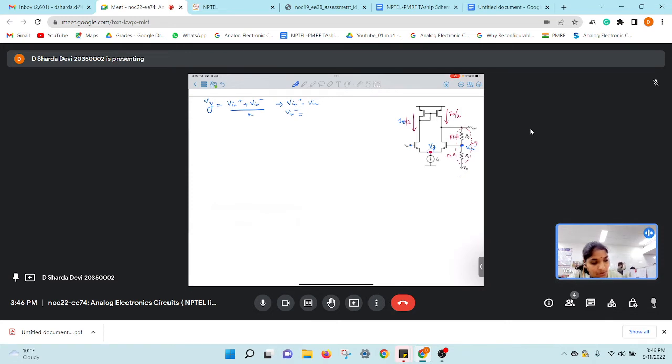When we are performing AC analysis, first things first, the gain that we are finding right now is the AC gain. Whenever we are finding gains, we are doing small signal analysis, which means we are finding the AC gain. So for AC gain, what is the first thing we should do?